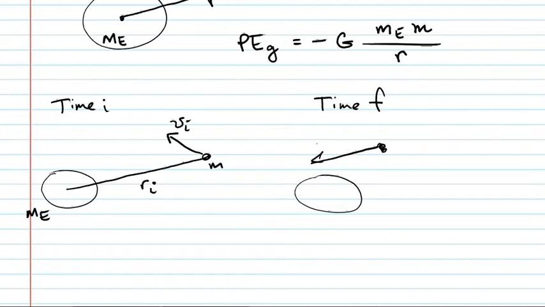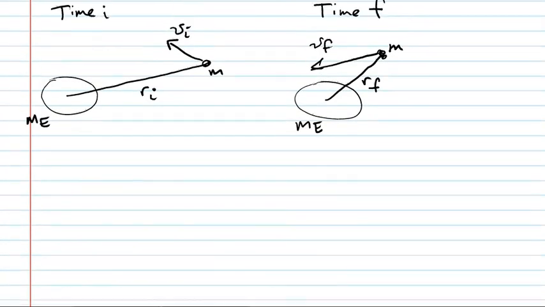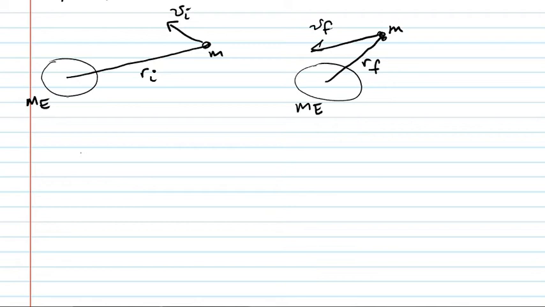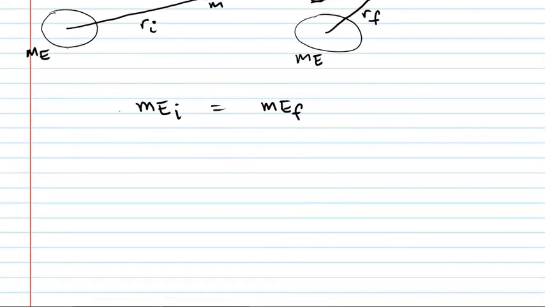We'd have v final, and the distance here is r final. Still have the mass of the little object, mass of the Earth. And then the total energy for that object is going to be its kinetic energy. Well, let's work up to it. The mechanical energy initial is going to equal the mechanical energy final. But the mechanical energy is coming from the motion of the object with mass m.